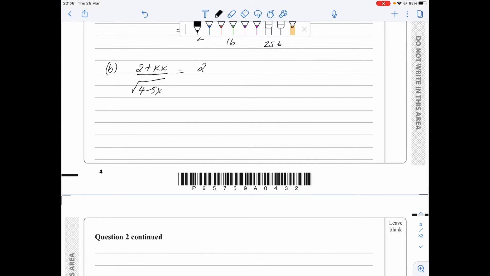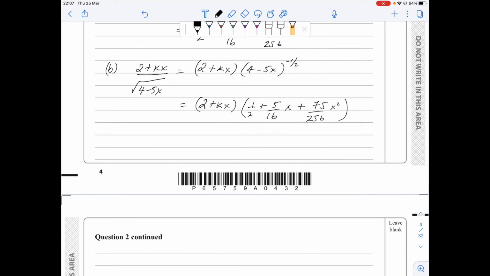This is equal to (2 plus kx) times (4 minus 5x) to the minus a half. Now the second bracket is what I have expanded in part A. So (2 plus kx) times (1 over 2 plus 5 over 16x plus 75 over 256x squared).